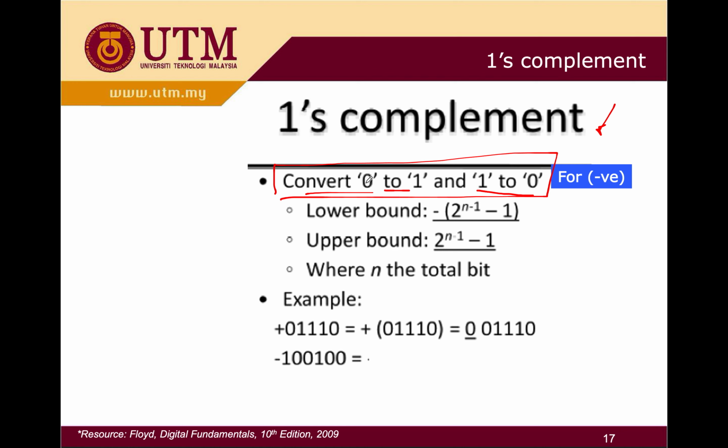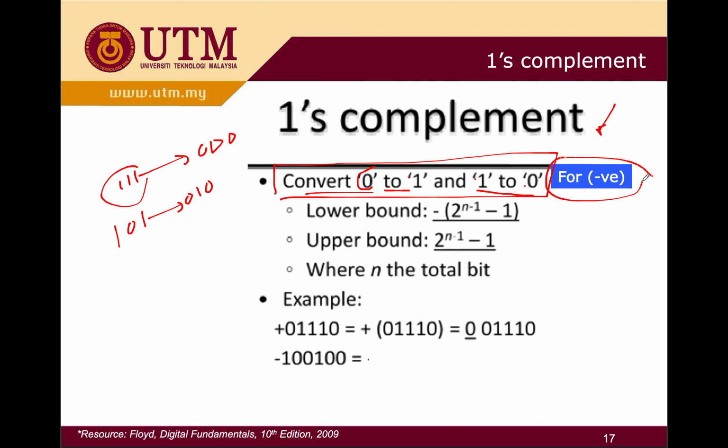You're going to change 0 to 1 and 1 to 0. If let's say you were given this kind of number, what is the first complement of this? You get 0, 0, 0. Let's say you have 1, 0, 1. What is the first complement number? It is 0, 1, 0. Because you're going to change 0 to 1 and 1 to 0.